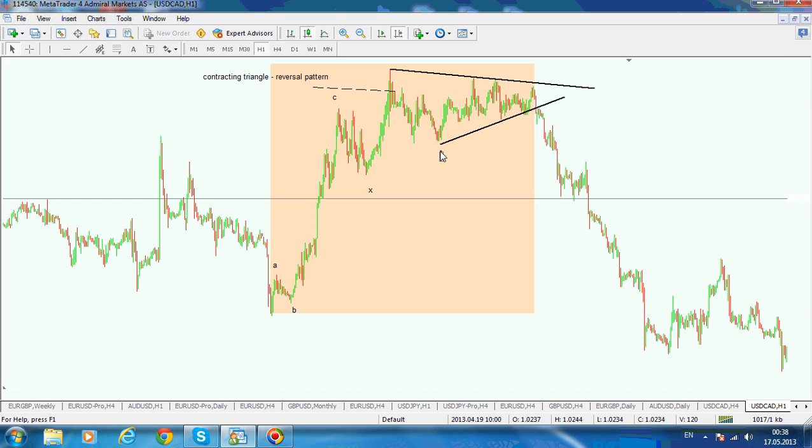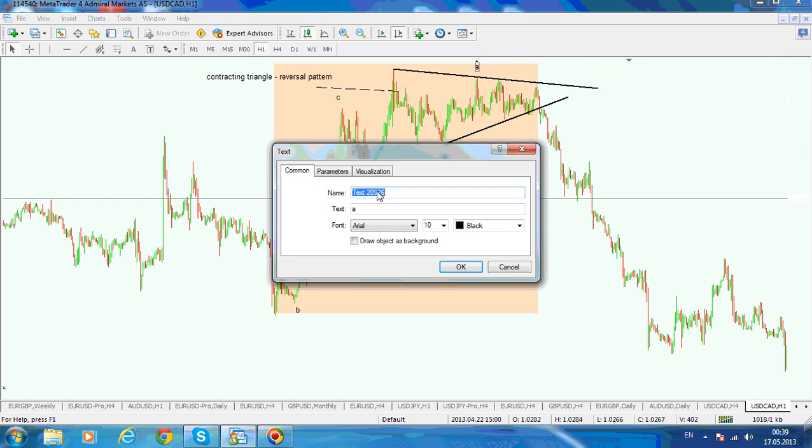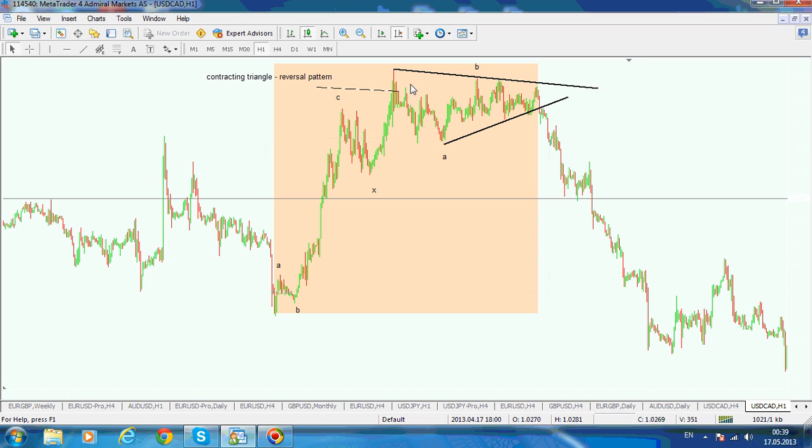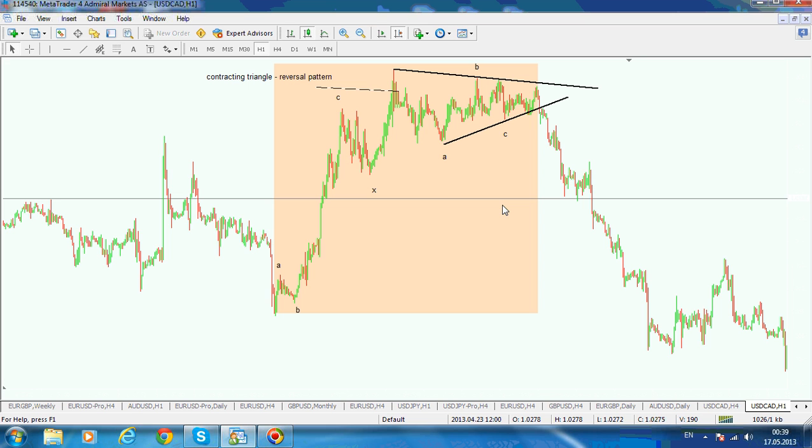So this is wave A, and this is the B wave. As you can see, the B wave is shorter than wave A, okay? Then the next leg is called the C wave. The legs of a triangle under the Elliott-Wave theory are labeled A, B, C, D, E, five legs. So A, B, C, and as you can see, the C wave is also shorter than the B wave.